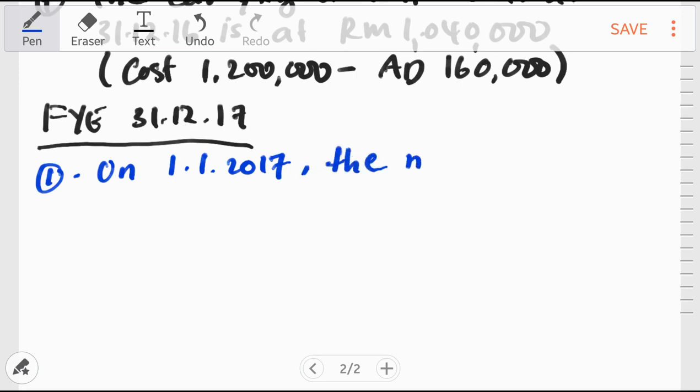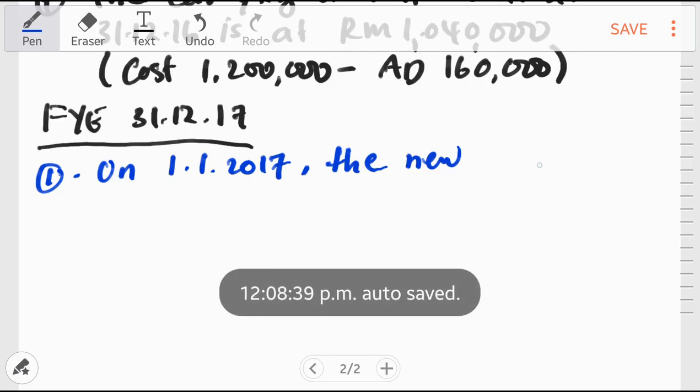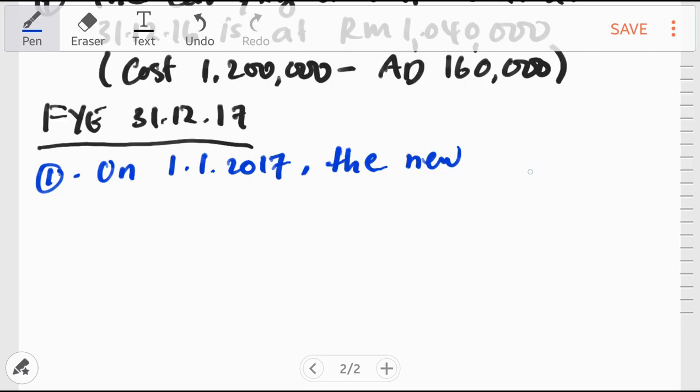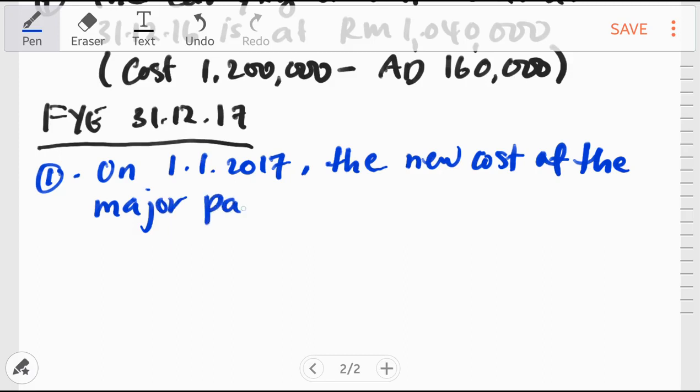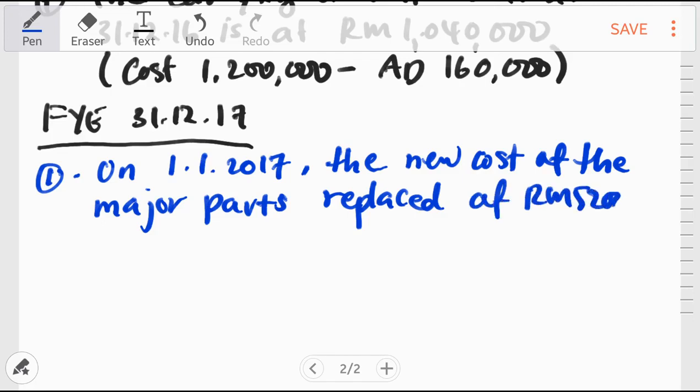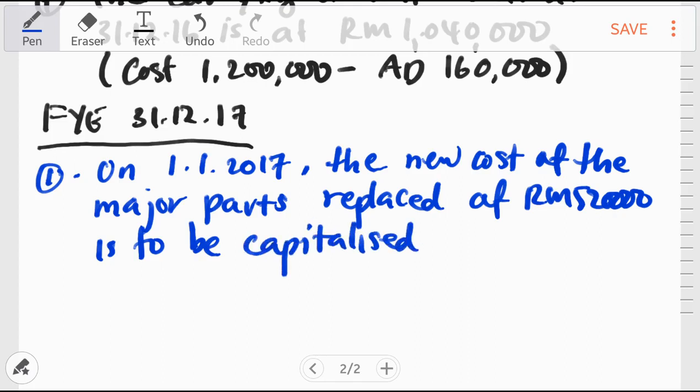You say that the new cost of the major parts replaced, of how much? 520,000, is to be capitalized.